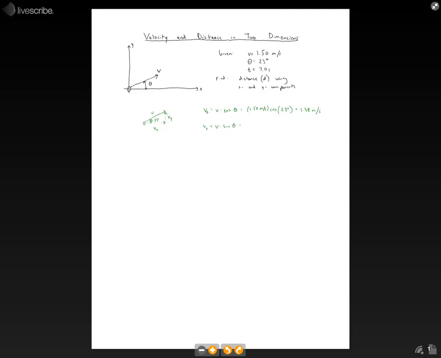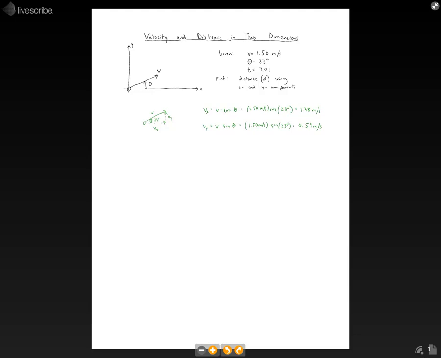Again, we'll substitute our information in, and when we do that, we come up with a velocity in the y direction of 0.59 meters per second.